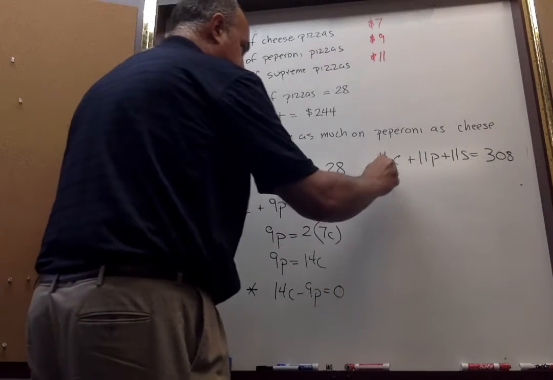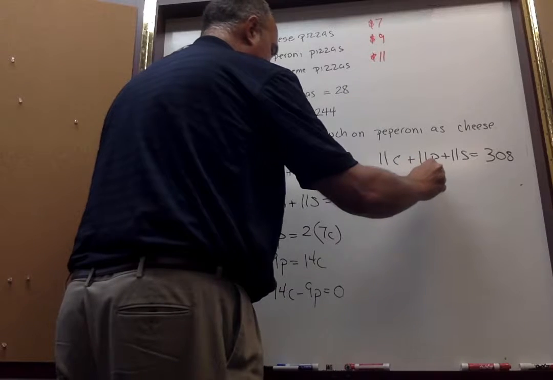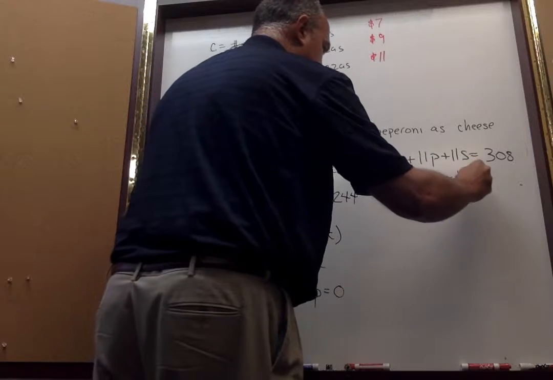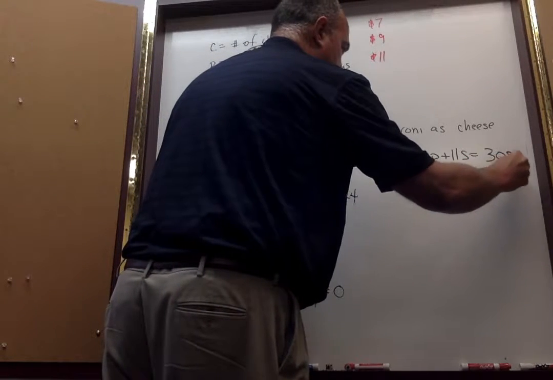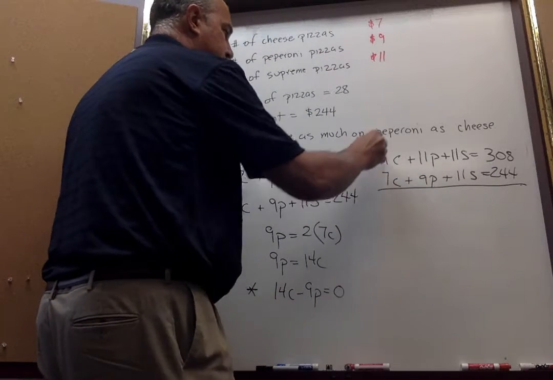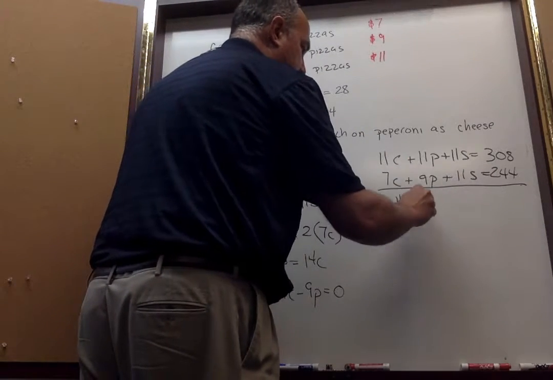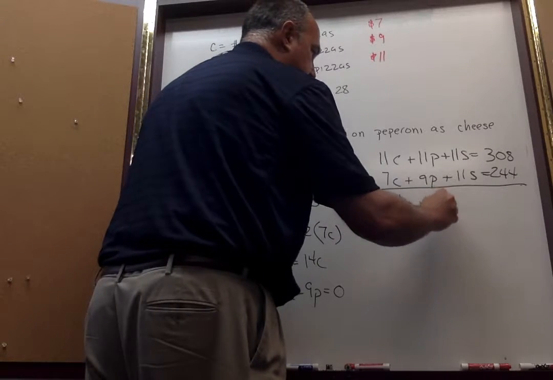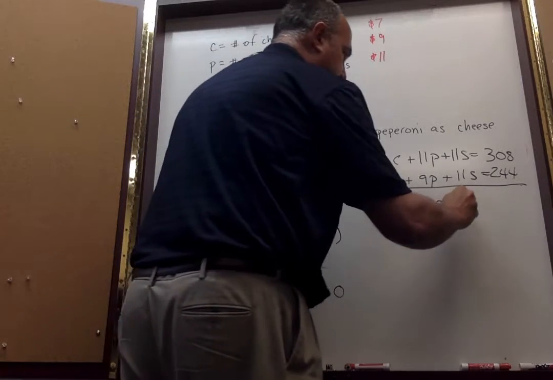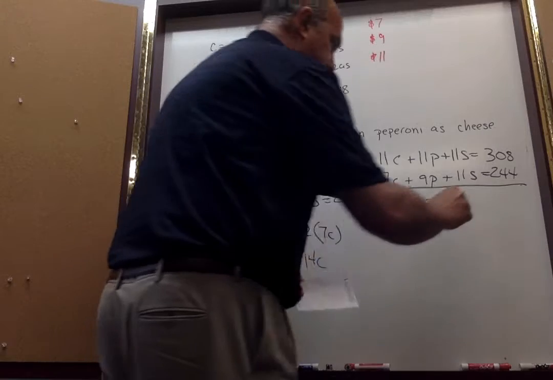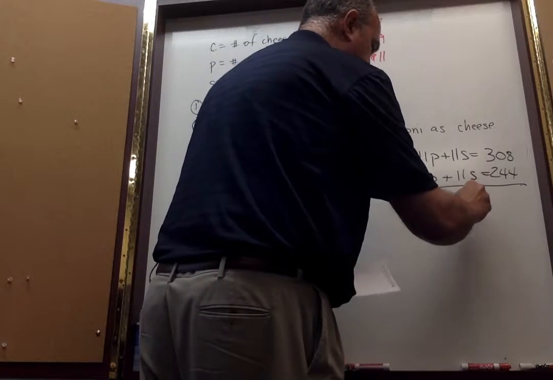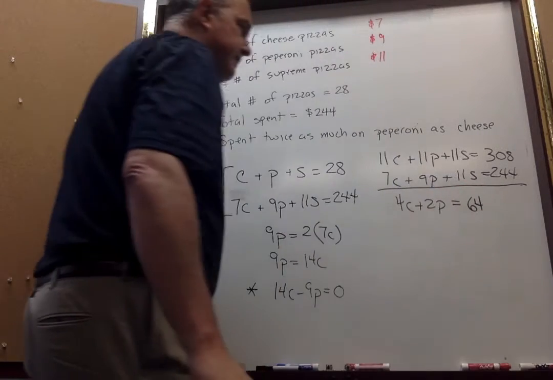And here's my second equation. If I subtract those equations, 11 minus 7 is 4C, 11 minus 9 is 2P, the S's cancel out, and I get, I think, 64 here.